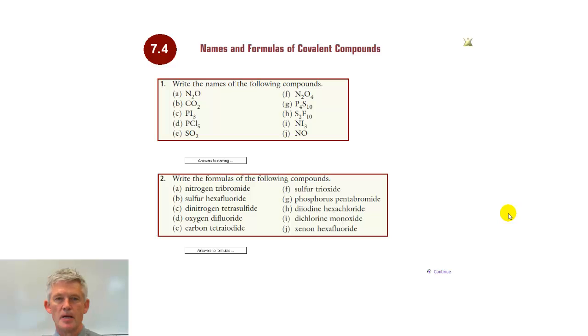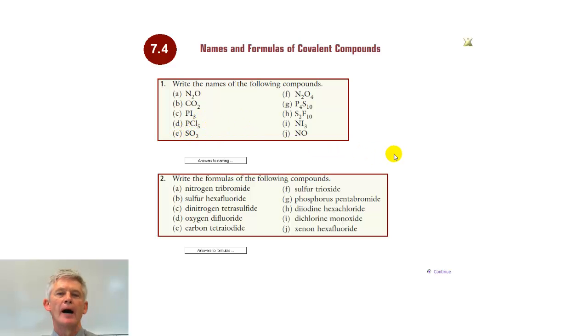Sweet. So, on your little handout, you have the wonderful experience of writing the names of the following compounds. You could do this in your head because it's not terribly difficult. I'll give you, for instance, N2O, CO2, PI3, PCl5, SO2.